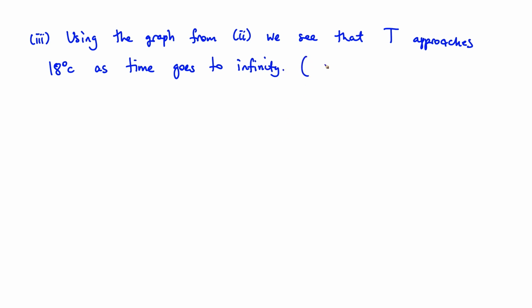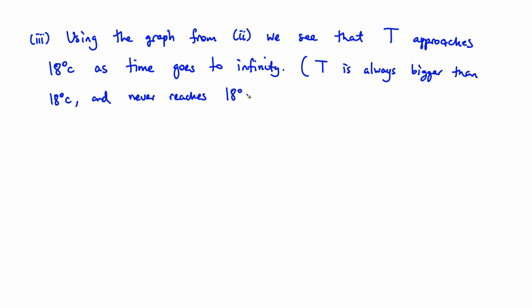Let me just point out that T is always bigger than 18 degrees. So when I say approach 18, I mean from above, just like the graph, it is always bigger than 18 degrees. And in theory, of course, maybe in practice it can hit 18 degrees exactly, but in theory it never actually reaches 18 degrees C.